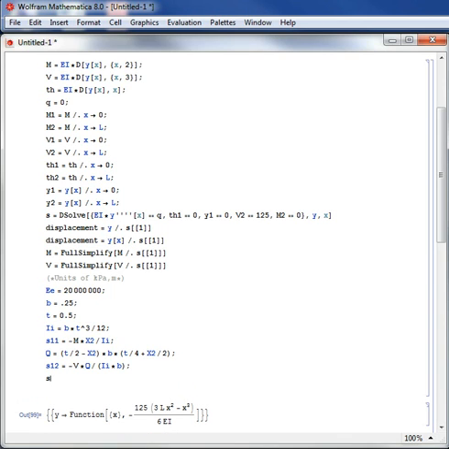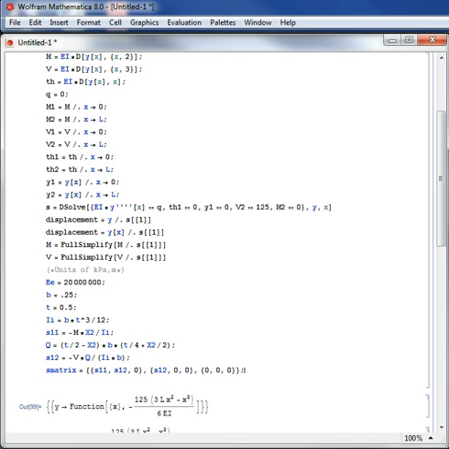I'm going to form my matrix of stress. My matrix of stress is a 3 by 3 matrix made out of S11, S12, 0, S12, 0, 0, and then 0, 0, 0.